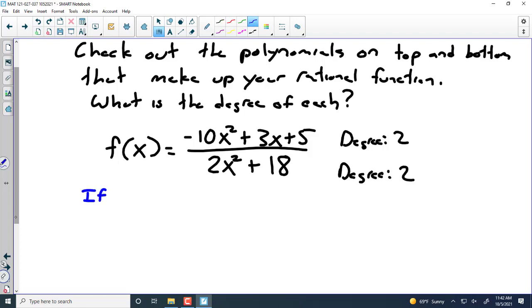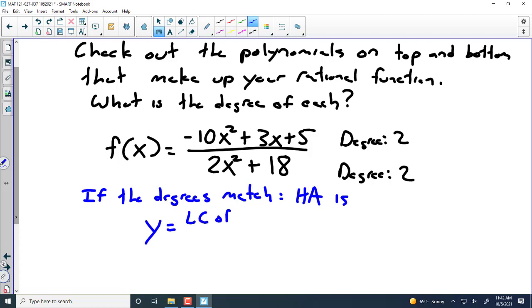If the degrees match, the horizontal asymptote is y equals the leading coefficient of the top divided by the leading coefficient of the bottom.